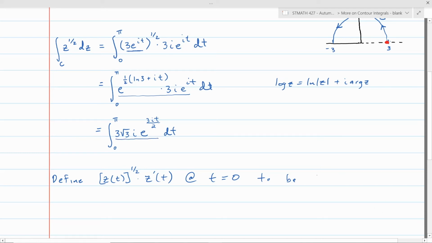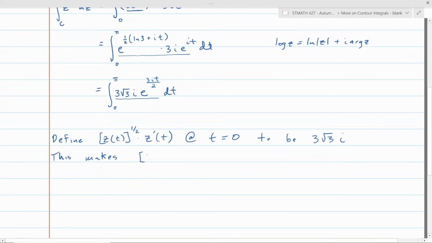And if you plug t equals 0 into that, you get 3 square root of 3 times i. So that makes that function continuous, because we're making the expression equal to what you get when you take the limit of it as t goes to 0. This makes that expression z(t)^(1/2) times z'(t) continuous on the entire interval 0 to pi, so we can integrate.